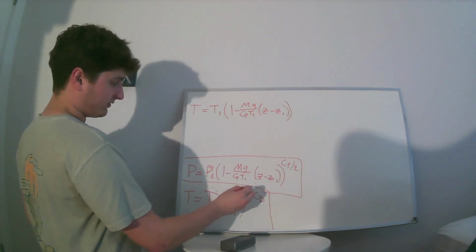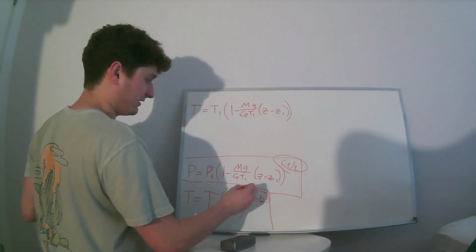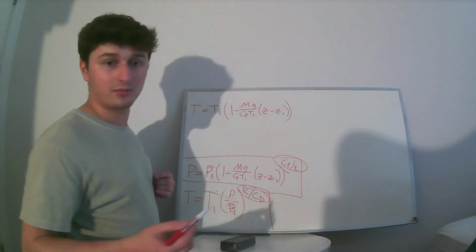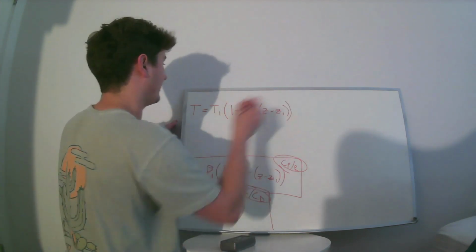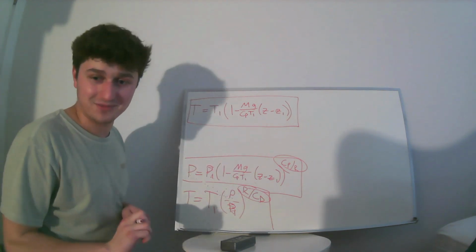And if you look at this, these two are going to cancel. R divided by R, the constant or specific heat at specific pressure, those are going to cancel out, so we have no exponent, and this is going to be our final expression for temperature.